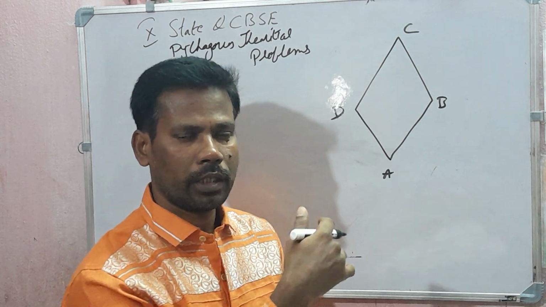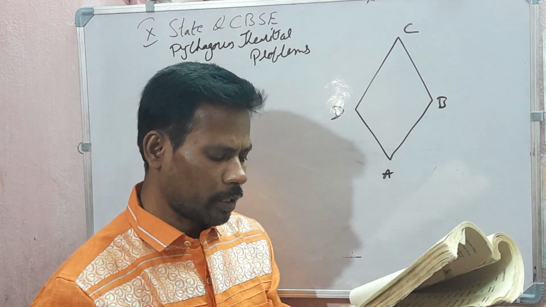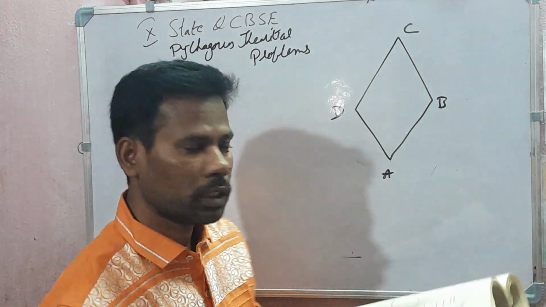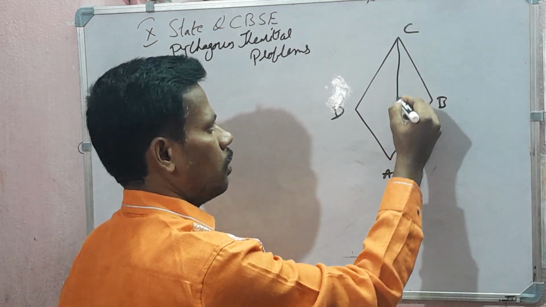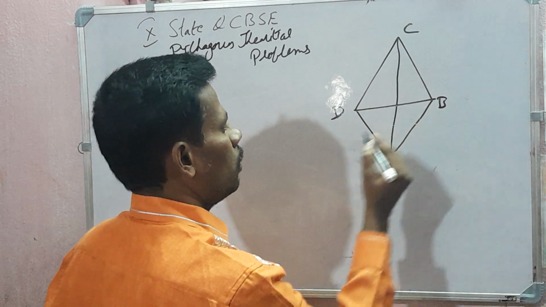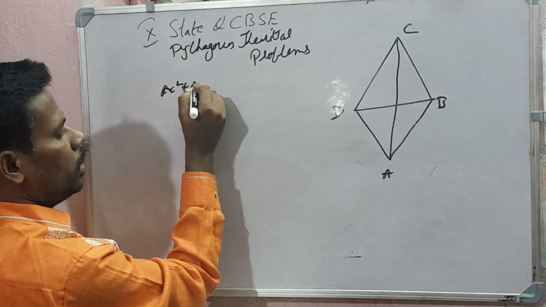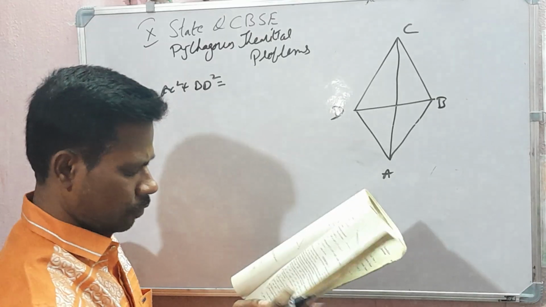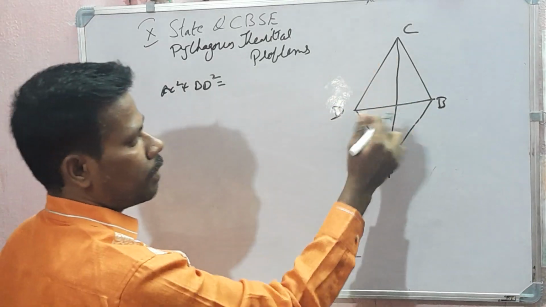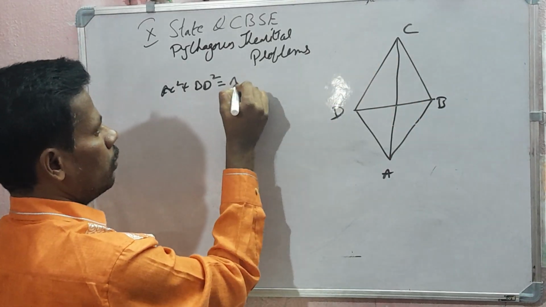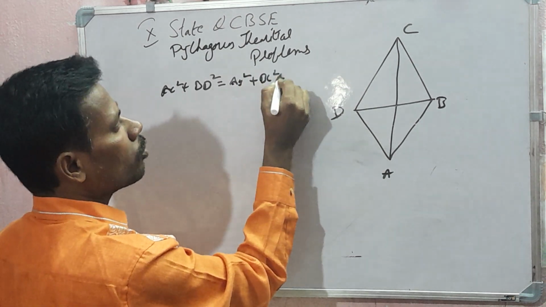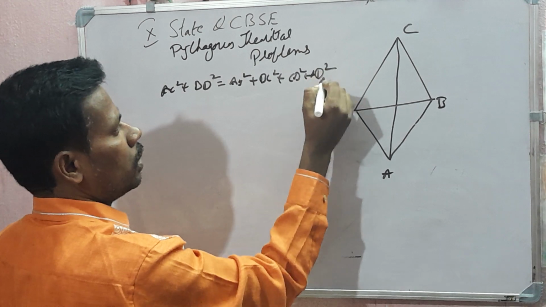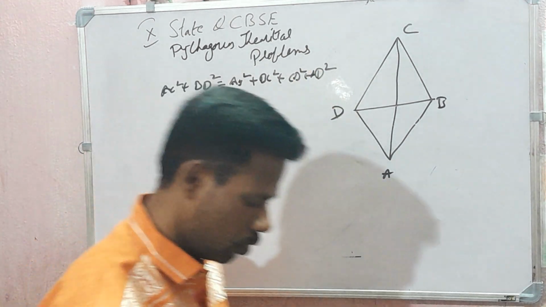Since you are in 10th class, I did not explain what is meant by rhombus and what its properties are. Prove that AC square plus BD square is equal to AB square plus BC square plus CD square plus DA square, or AD square. DA square or AD square, both are the same.